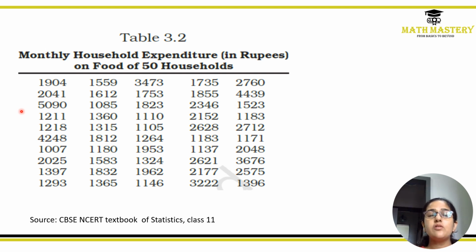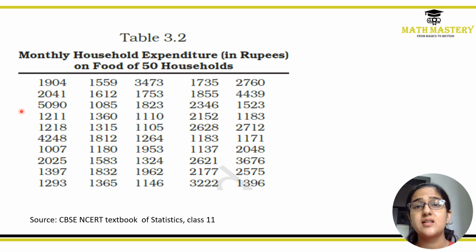Now if you look carefully, the data has more values between the 1000 to 2000 range, and after 2000, like from 2000 to 3000, 4000, 5000, 5500, the values are very less. When the data is concentrated into a few class intervals, it is not appropriate to take equal size class intervals.